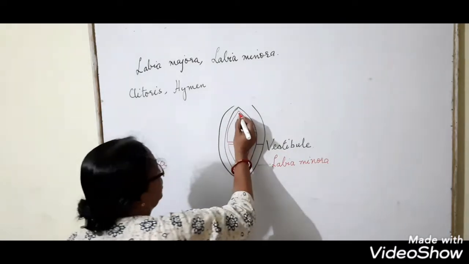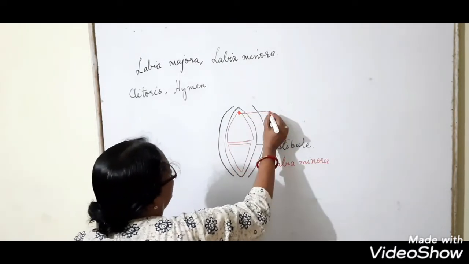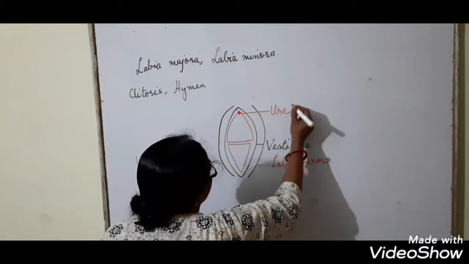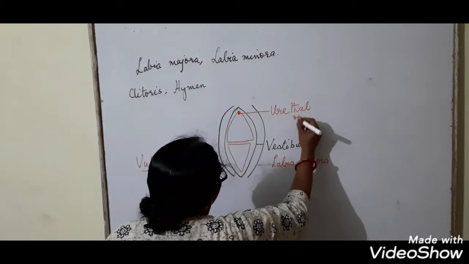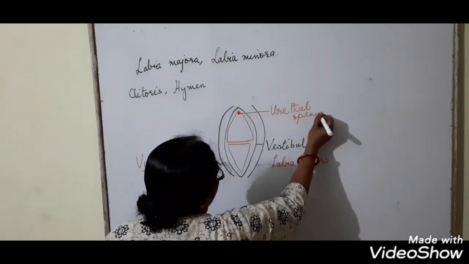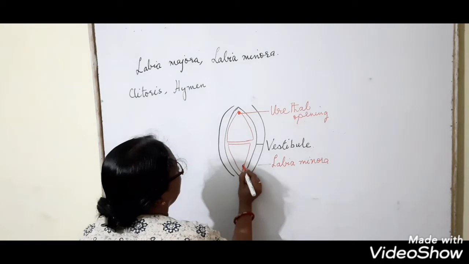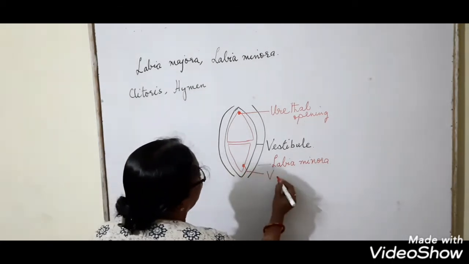There is an opening known as the urethral opening. In the lower portion there is another opening known as the vaginal opening.